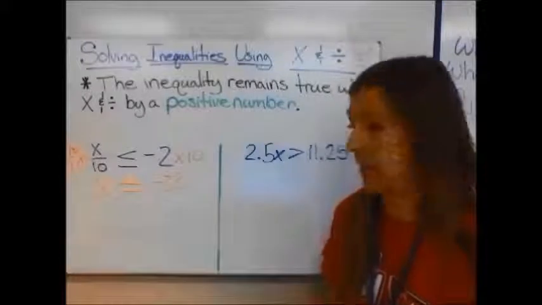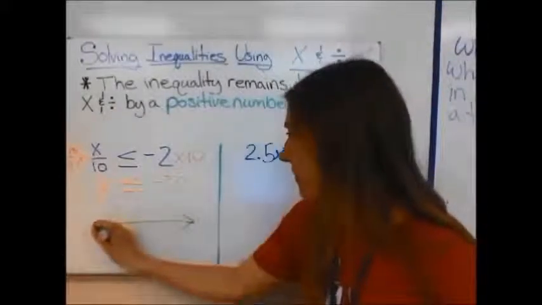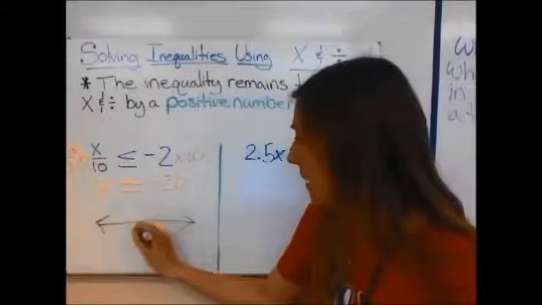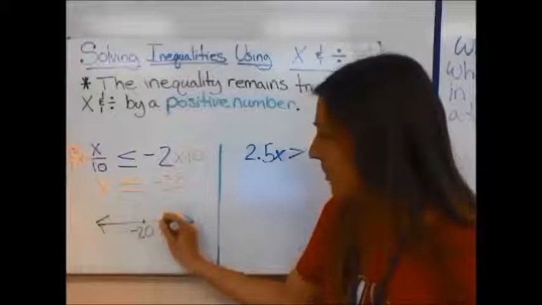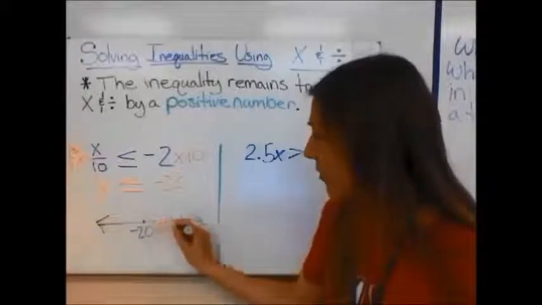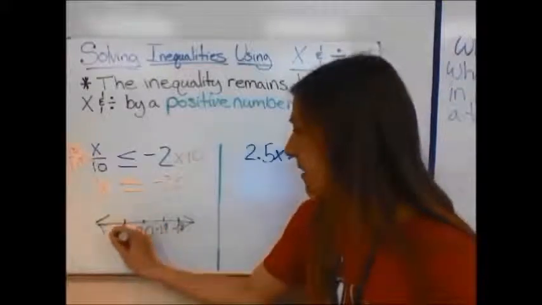Now I'm going to graph it. I'm going to draw out my graph, and I'm going to put -20 right in the middle of my graph. I'm going to put numbers that are greater to the right and less to the left.